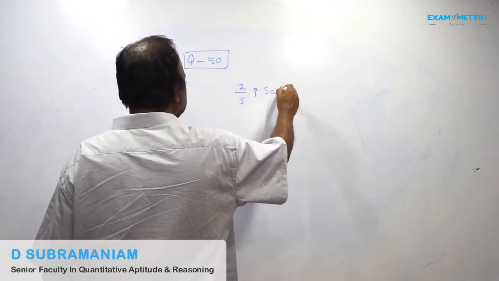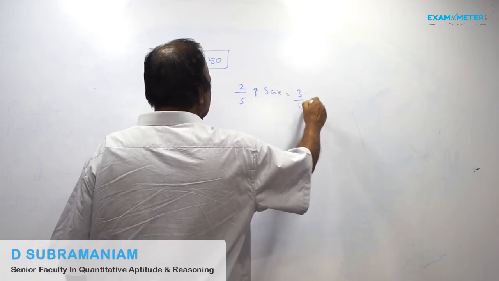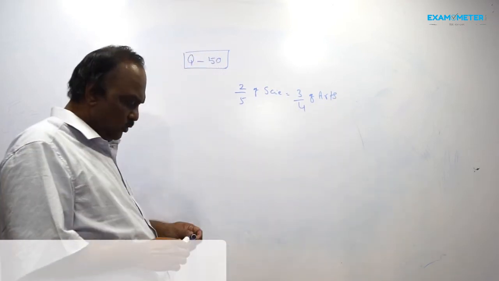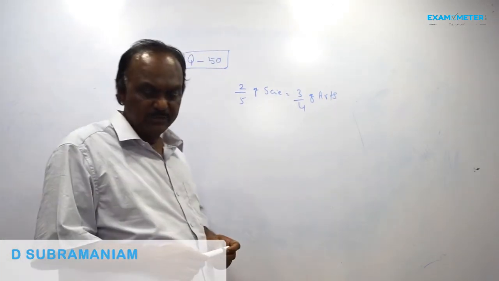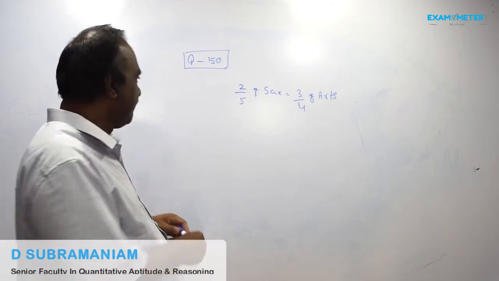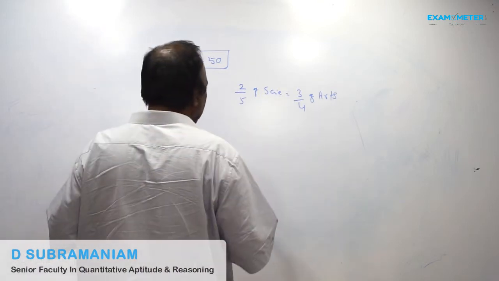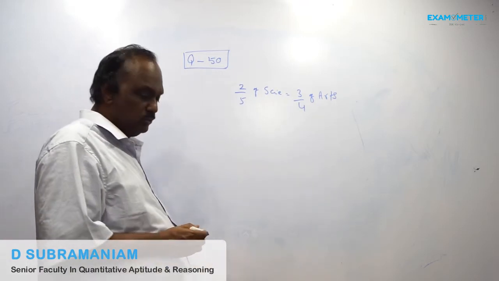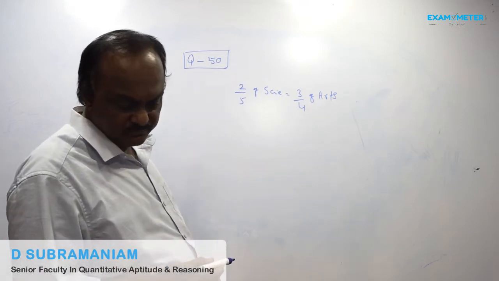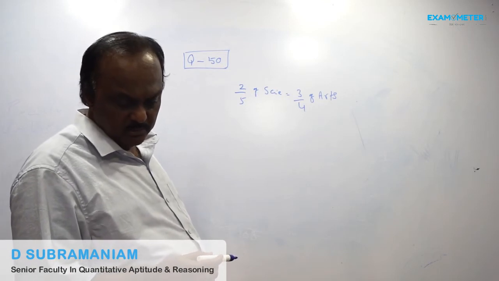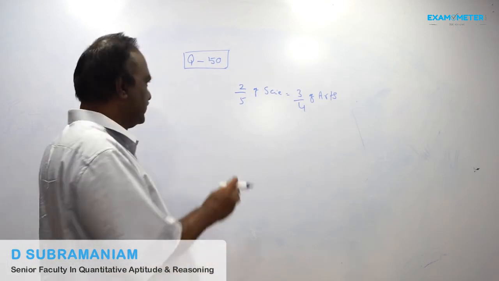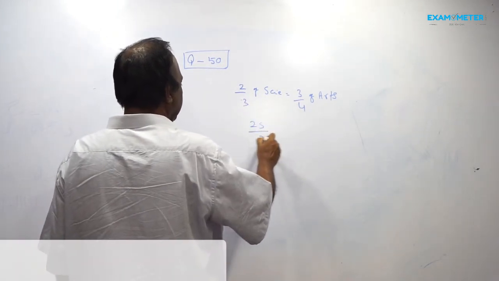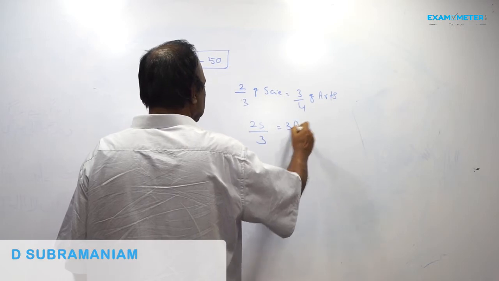2/3 of science is equal to 3/4 of arts. So 2s by 3 is equal to 3a by 4.